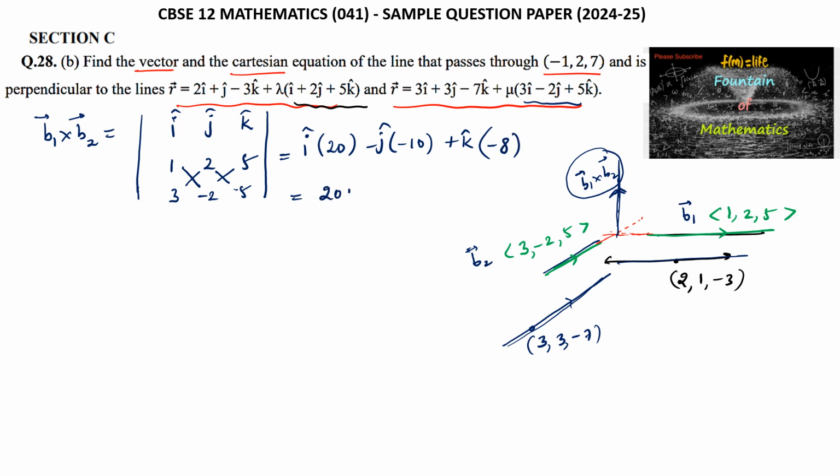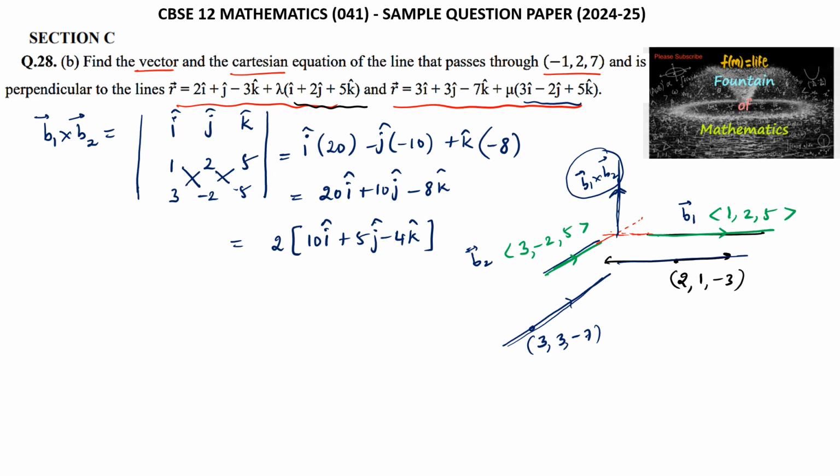So which is 20 times i plus 10 times j minus 8 times k. So this is b1 cross b2, or we can also consider, by taking 2 common, 10 times i plus 5 times j minus 4 times k vector.